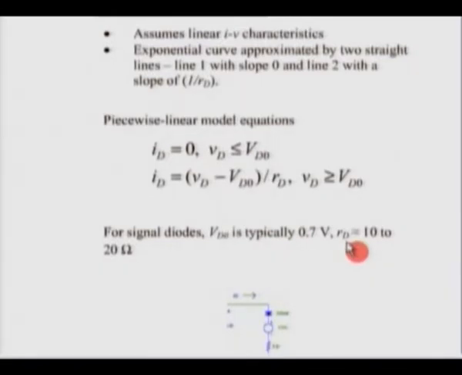Now remember, these values would change drastically depending on what type of diode you use. If you use a diode like IN 4001, which is a rectifier diode, you would see that this resistance value would be much smaller. The reason is IN 4001 has a rating of 1 amp and 1000 volts PIV, so it is meant for that kind of application. Therefore, the resistance is very small.